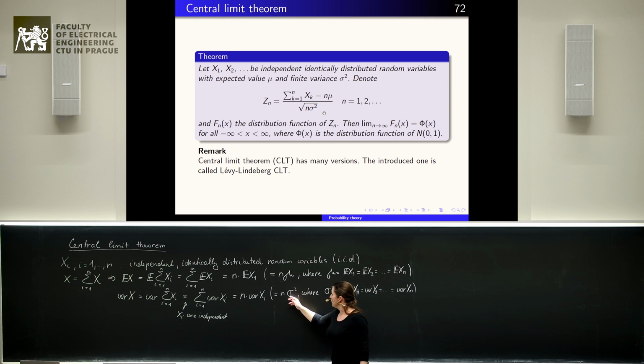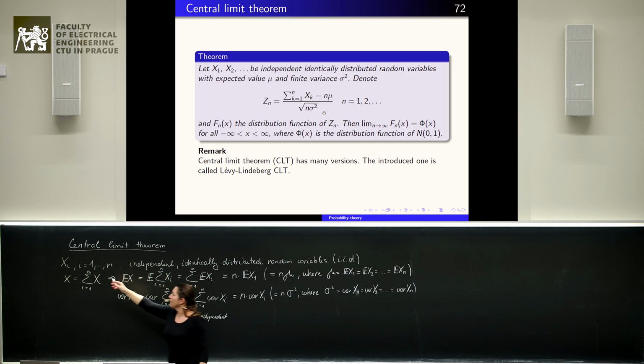So you can use this notation, but be aware of the fact that this mu and sigma square, which we used to use for the expected value and the variance of a normally distributed random variable, is the expected value and the variance of an arbitrary random variable with arbitrary distribution. And so this mu and this sigma square is not used only for the random variables with normal distribution, but for this arbitrary distribution of the variables xi.